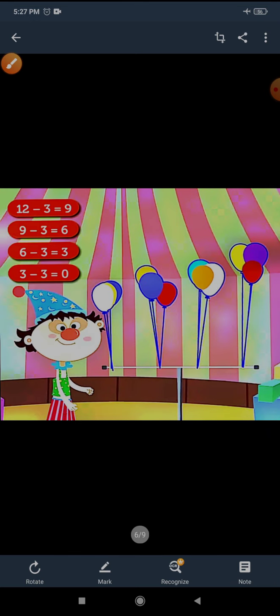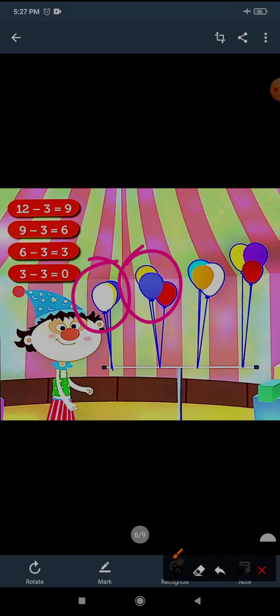When we divide 12 by 3, what will you get? 4. 3 1s are 3, 3 2s are 6, 3 3s are 9, and 3 4s are 12. So 4 is your answer. Here also you can see the total groups are 4.